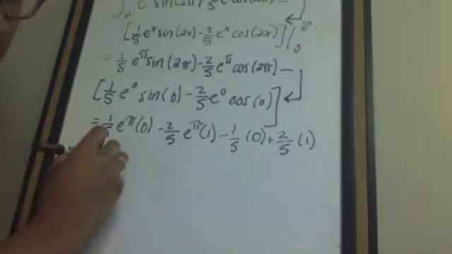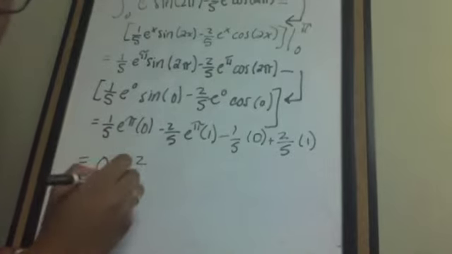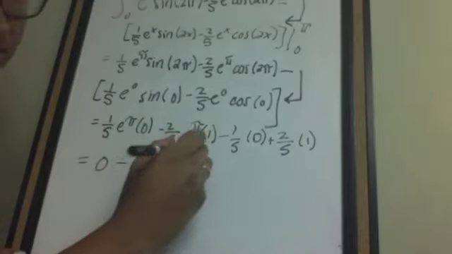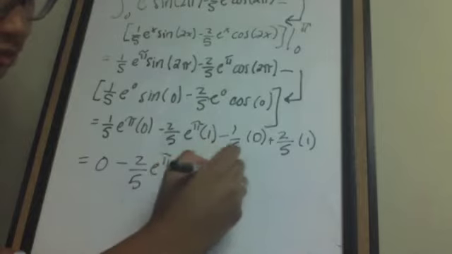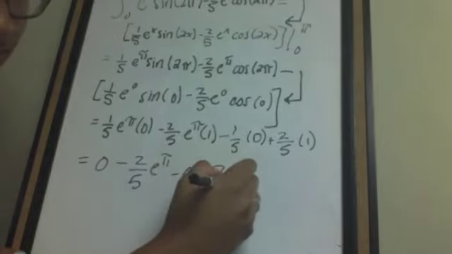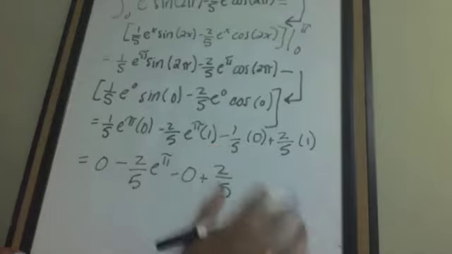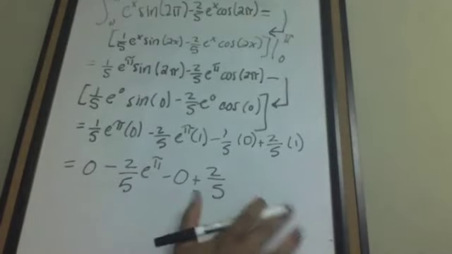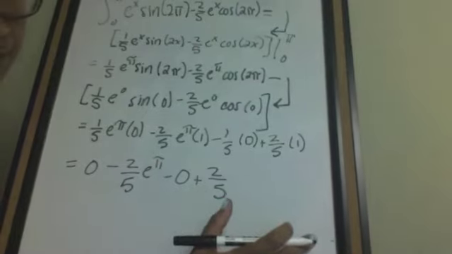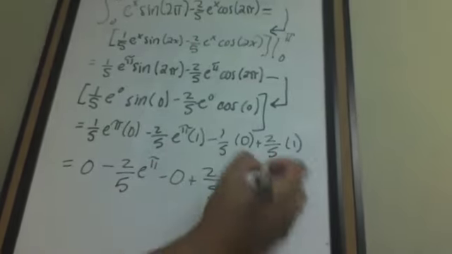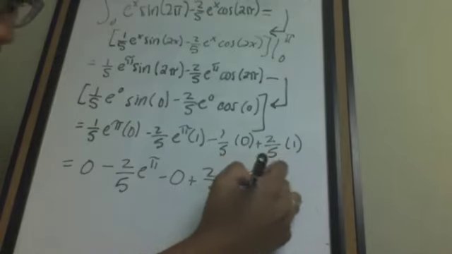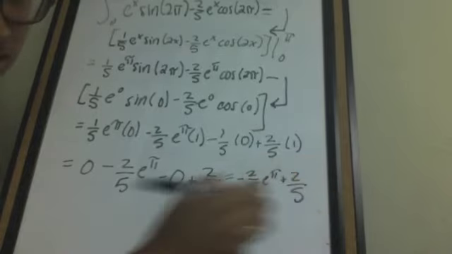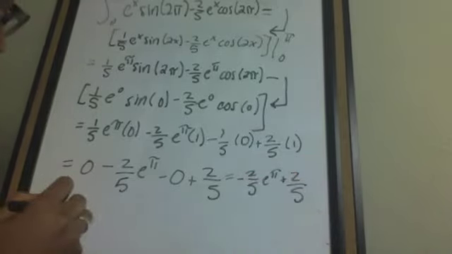So this equals 0 minus 2/5 e to the pi, minus 0 plus 2/5, equals negative 2/5 e to the pi plus 2/5.